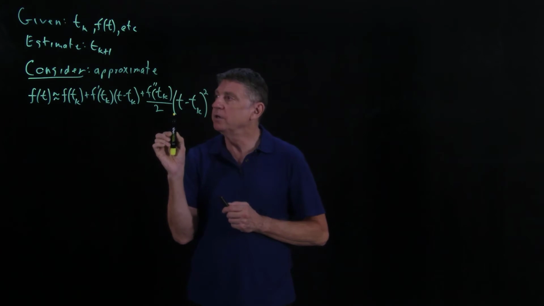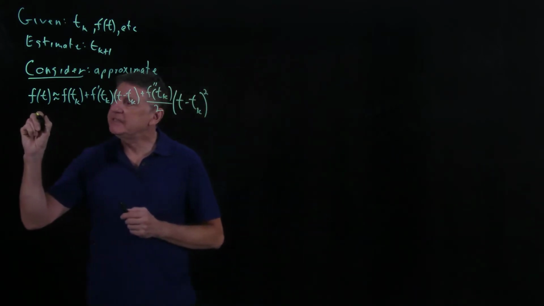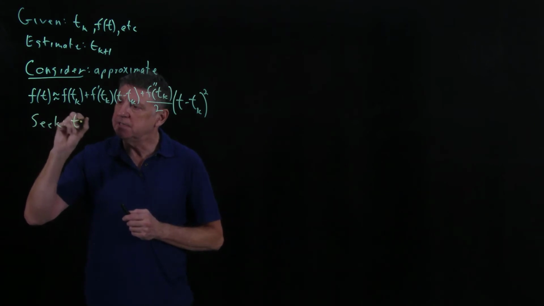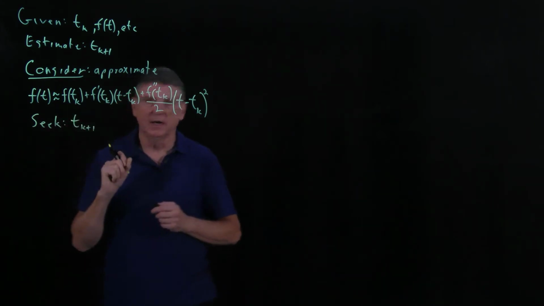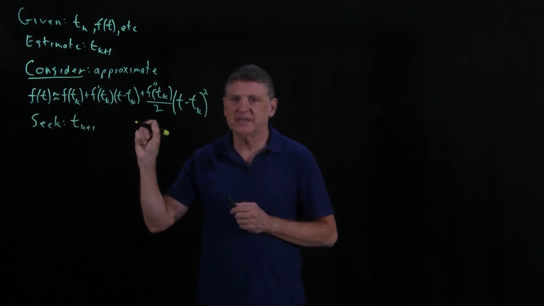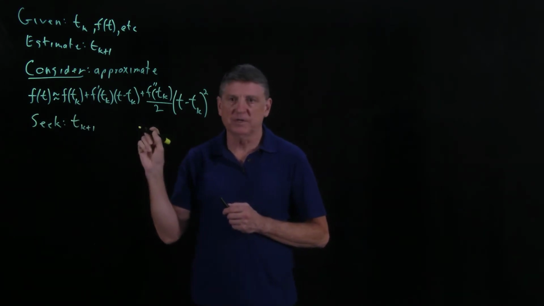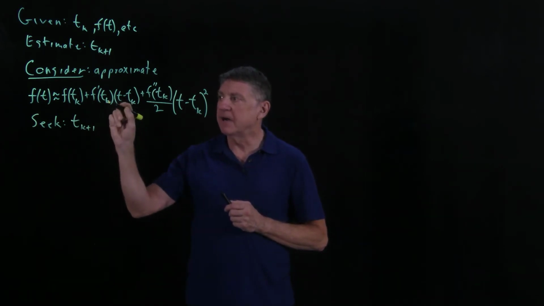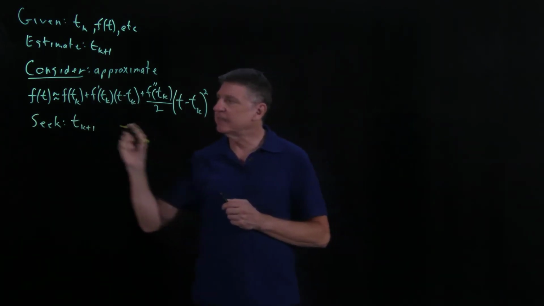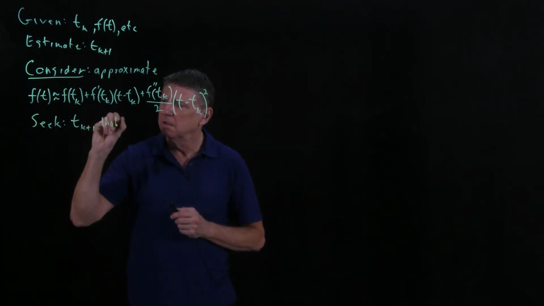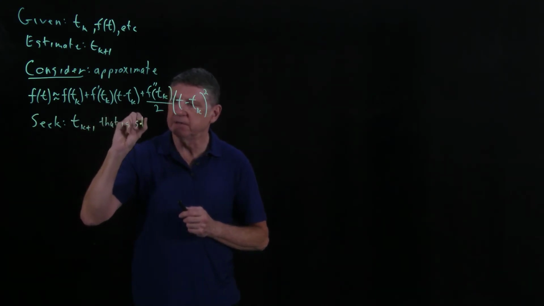So what we seek is t_{k+1}. Now, what condition might we want to put on t_{k+1}? I'd want to see t_{k+1} be a minimizer of this, so we want t_{k+1} that is stationary.